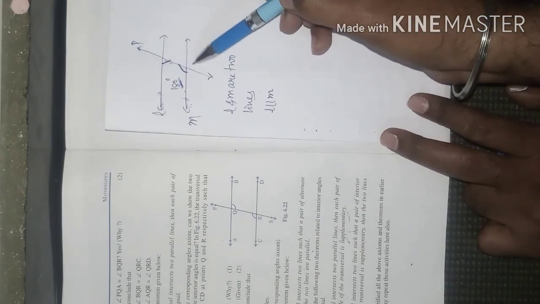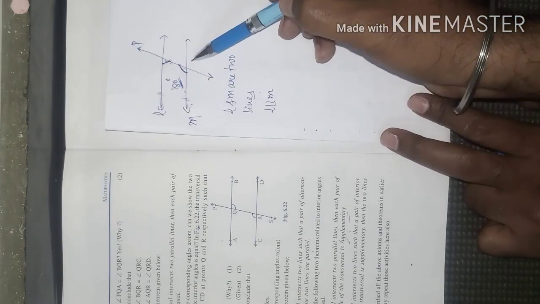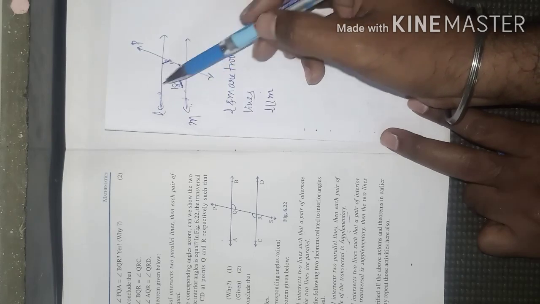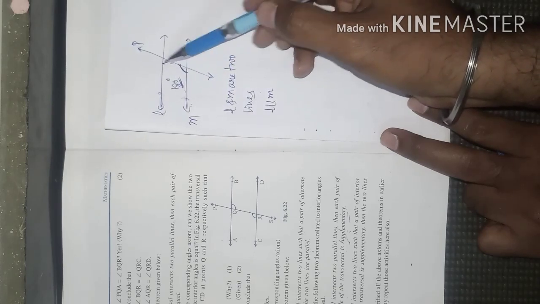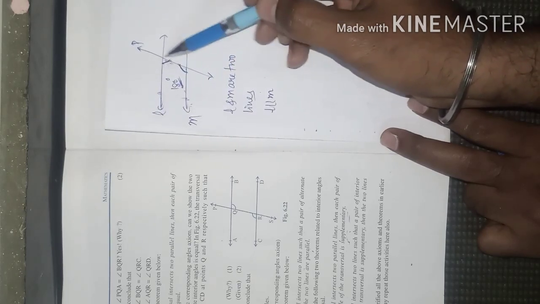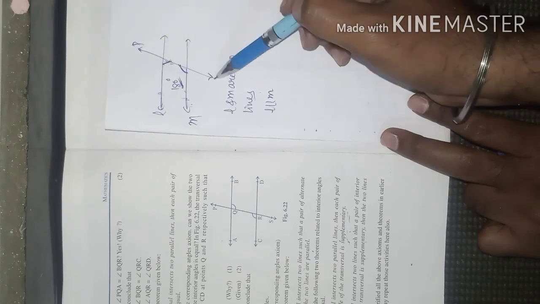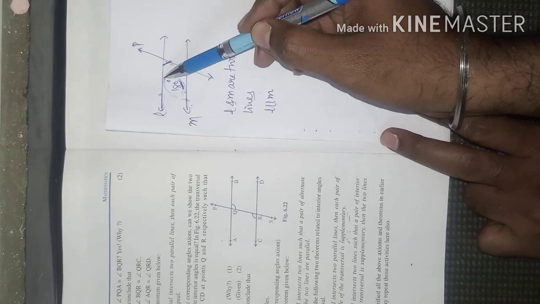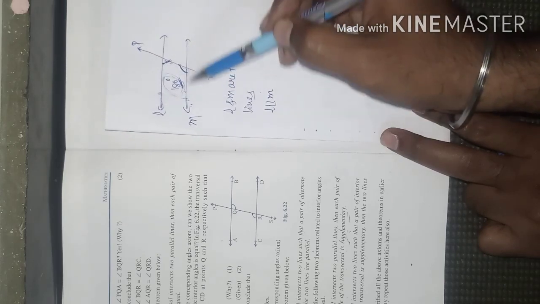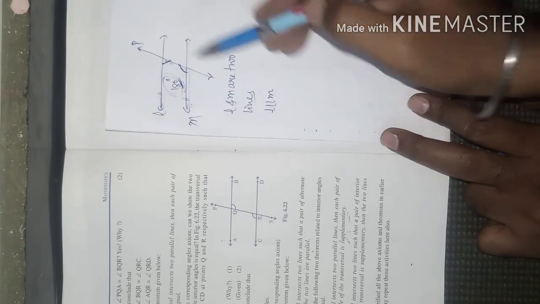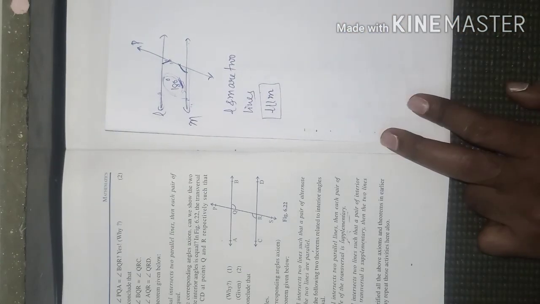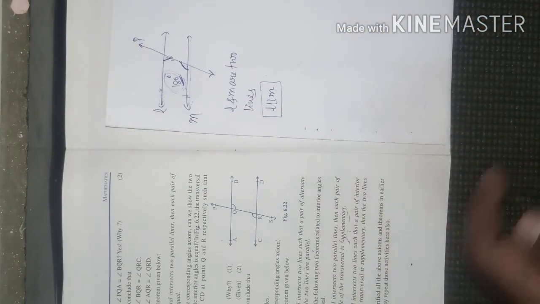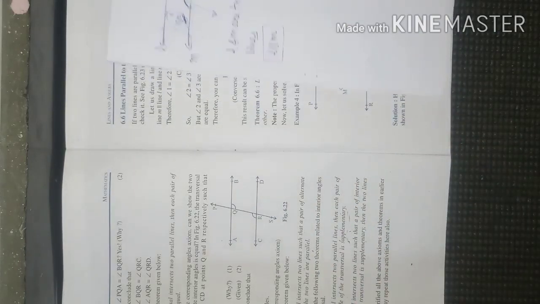If a transversal intersects two lines such that a pair of interior angles on the same side of the transversal is supplementary, then the two lines are parallel, that is L is parallel to M. Clear with this? This is about the theorem.